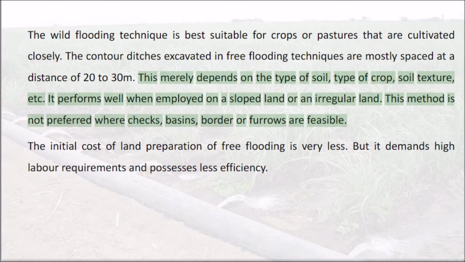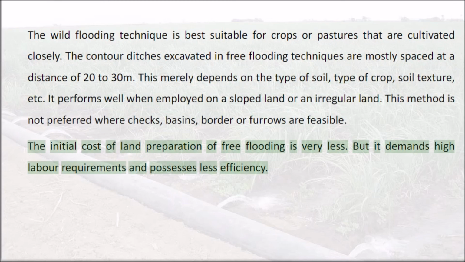This method is not preferred where checks, basins, border, or furrows are feasible. The initial cost of land preparation of free flooding is very less, but it demands high labor requirements and possesses less efficiency.